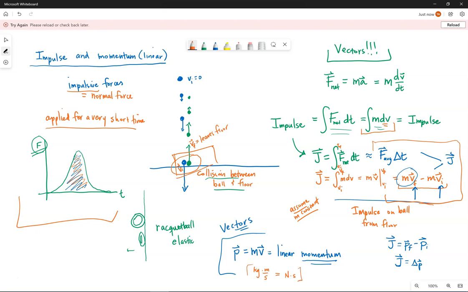Which way we write our units doesn't ultimately matter. So either way is appropriate, but I wanted to introduce that to you. We don't have a special name for kilograms times meters per second. So we don't have a different name for it other than newtons times seconds. So we'll continue doing some examples and some concepts and move along with this topic as well.